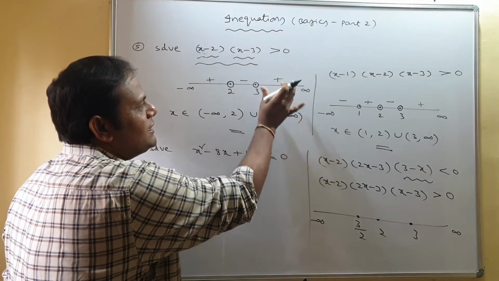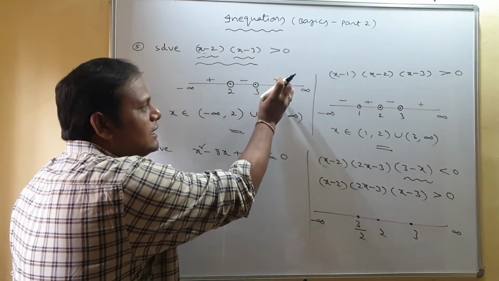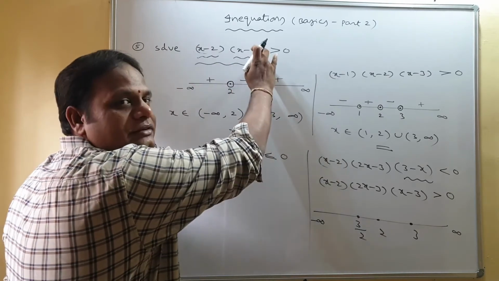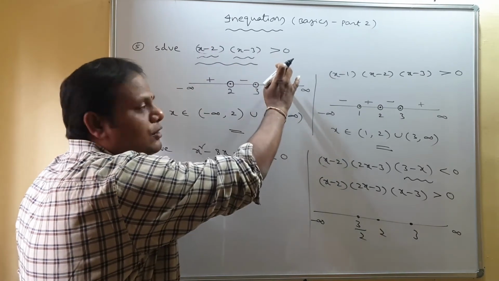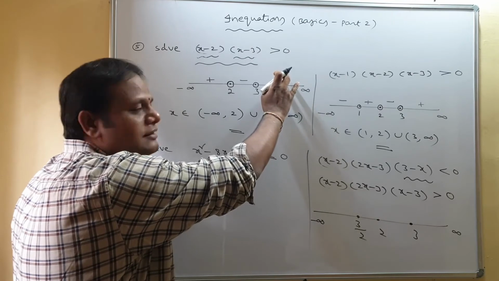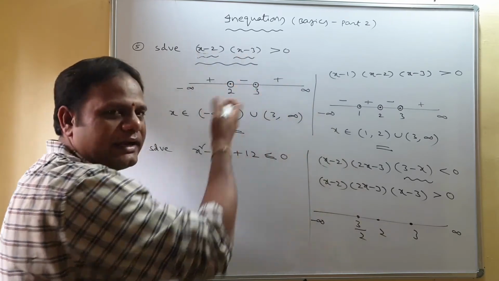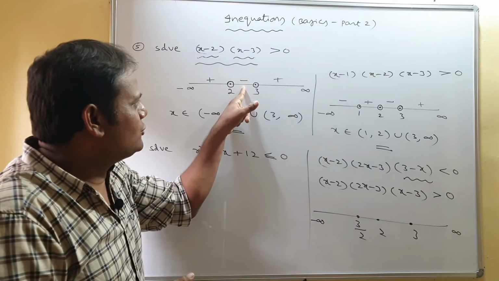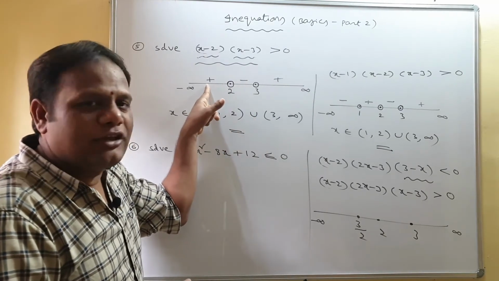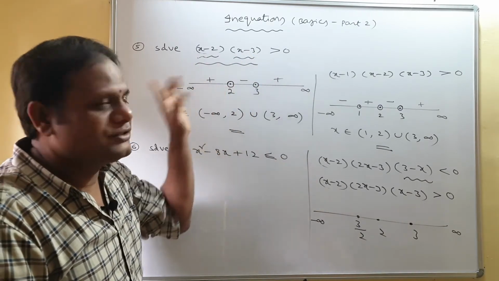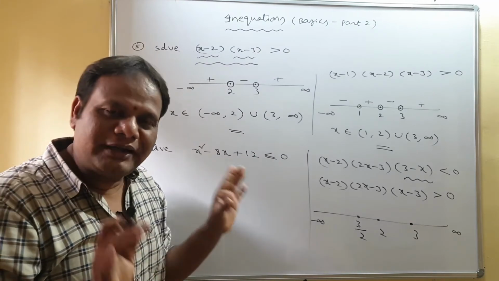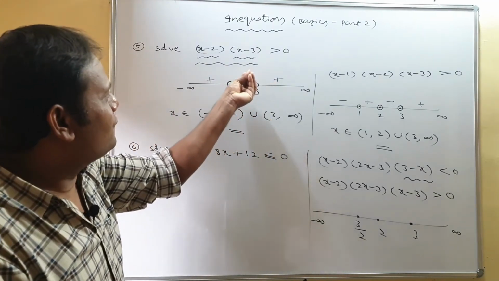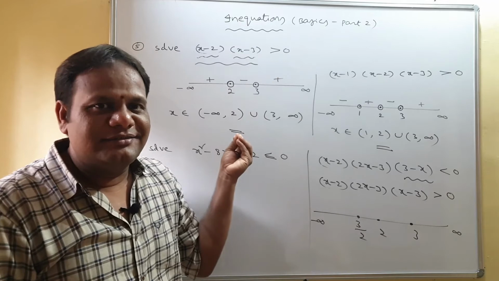Between 3 and infinity, I took one number and substituted it, and I got positive, so I wrote plus. Alternatively, I took 2.5 here, took 0 here, and verified. I got positive.